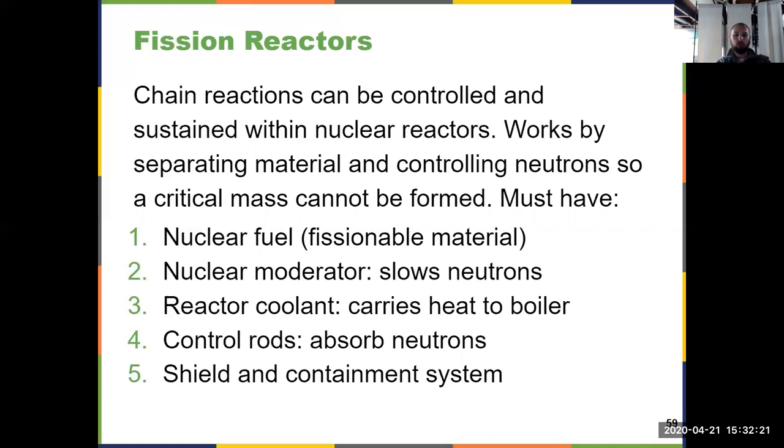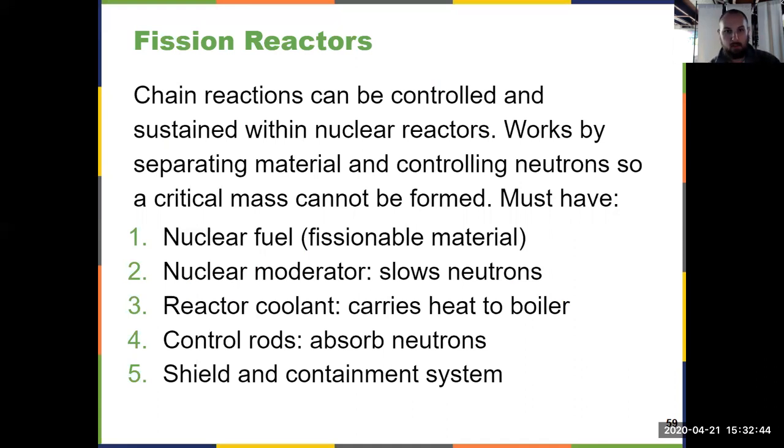A nuclear fuel, which is again our fissionable material. We have to have a nuclear moderator to slow down our neutrons or capture them if there are too many. We have a coolant, something that carries the heat that's produced to a boiler. We have the control rods to absorb neutrons, and then a shield and containment system in case things go bad.